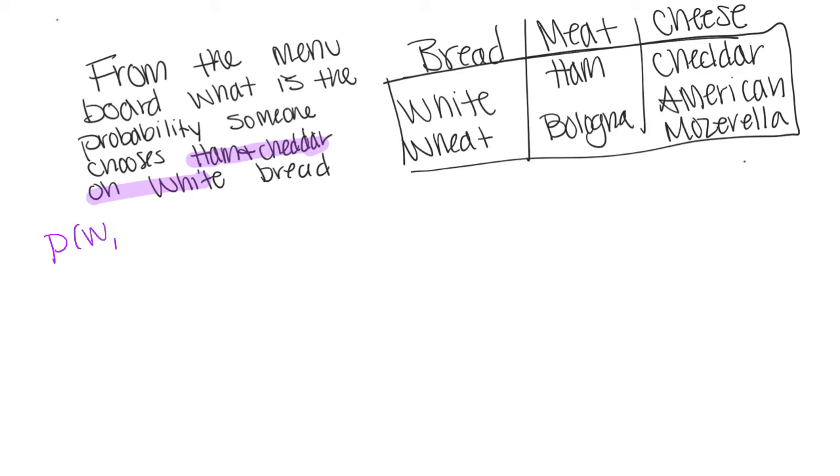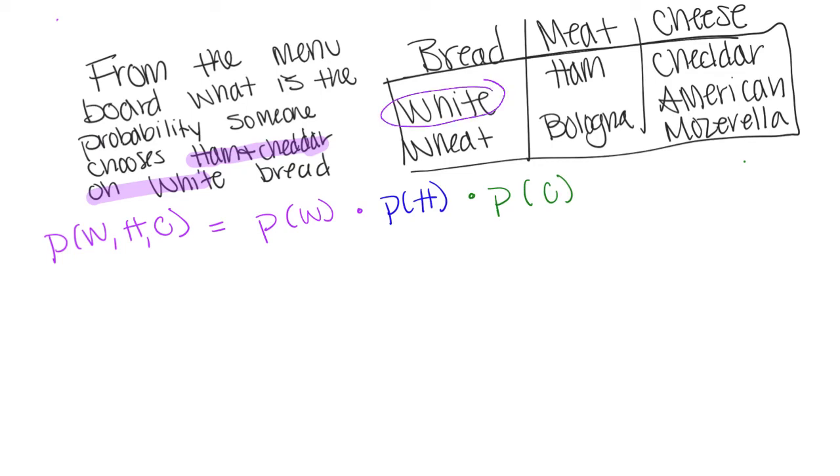White bread, ham, and then cheddar. So this is going to break down to the probability of white bread times the probability of choosing ham times the probability of choosing cheddar.